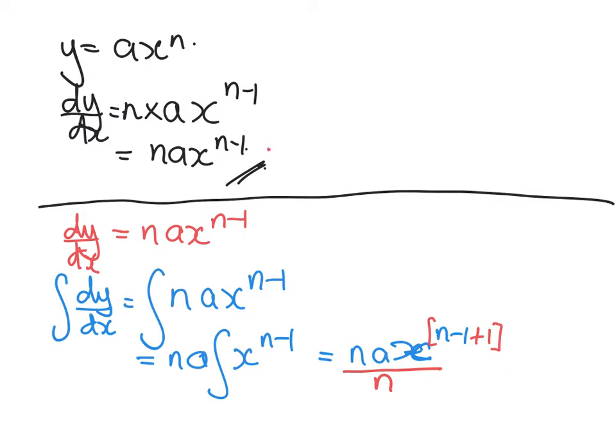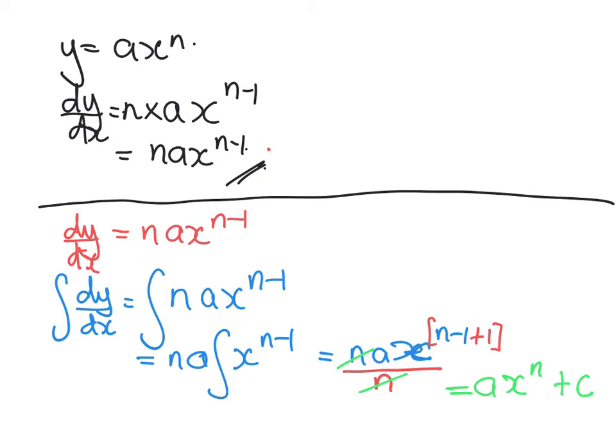So for the final answer, the n in the numerator and denominator can cancel, and this will give us back ax to the power of n. But one thing that you must remember is that you must add a constant for integration. That's the only difference. You must add constant plus c.